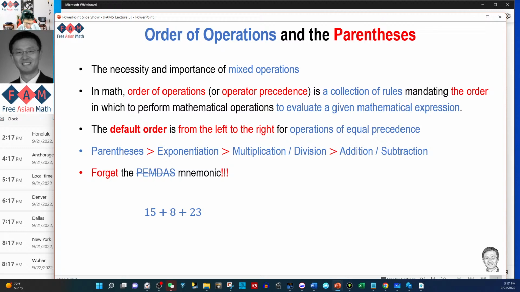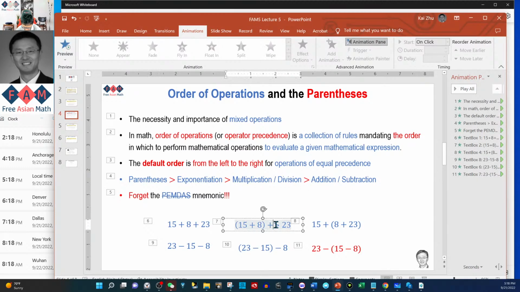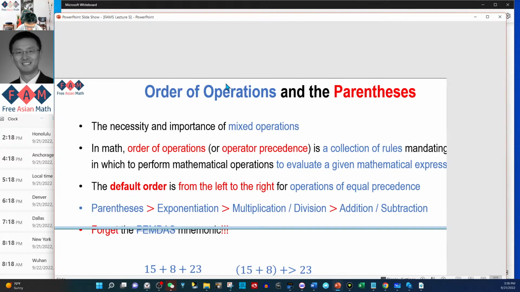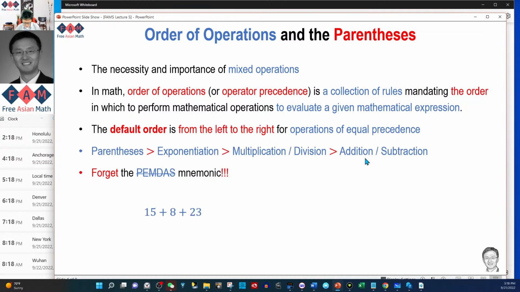Now, this is not very interesting, but if we add a parenthesis to the first one, oops, there's a typo here. This one shouldn't be here, so I will delete that. Okay, so when we have this first parenthesis, it did not change anything.